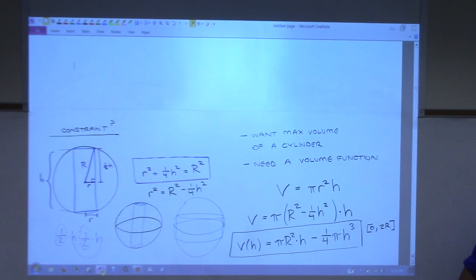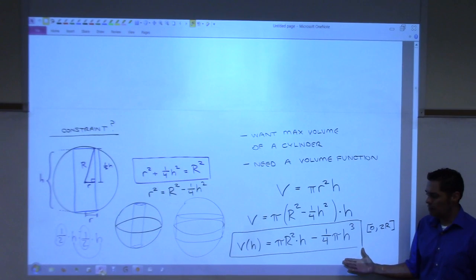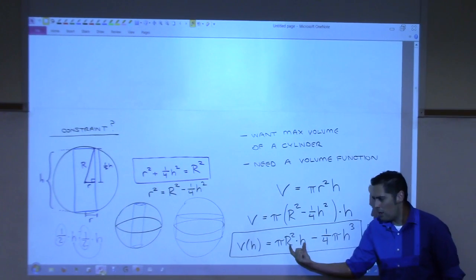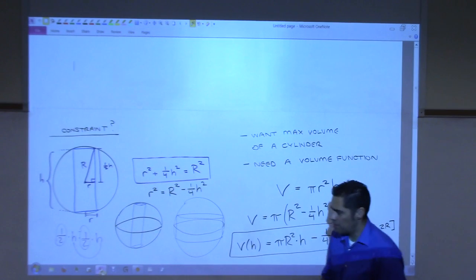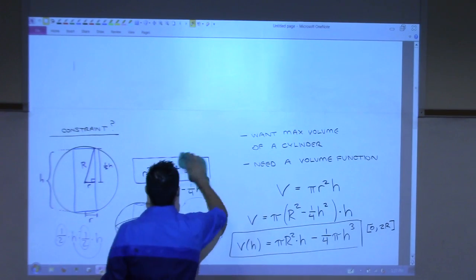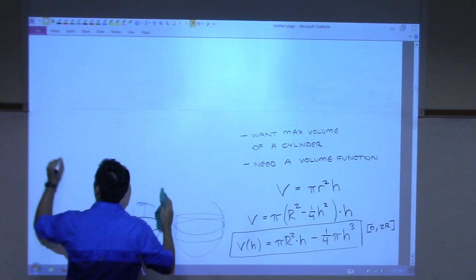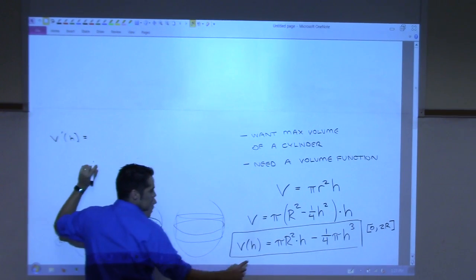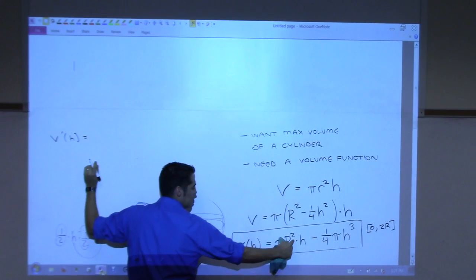Now I take a derivative. This is a polynomial function, right? H is the variable. I'm not doing product rule here, right? R squared is a constant. So what is v prime of h? Pi capital R squared is a constant.